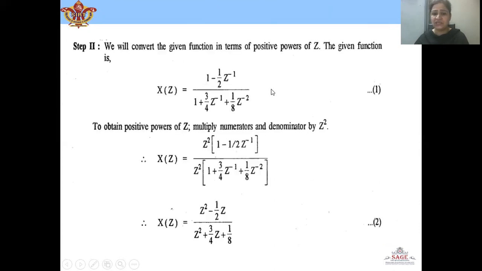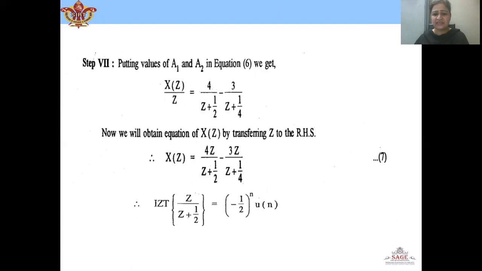So using this formula, if I consider the ROC as |z| less than half, for this I will write minus half raised to power n u[minus n minus 1].